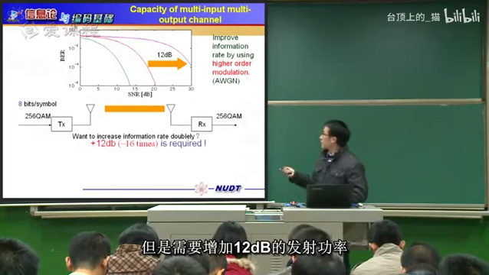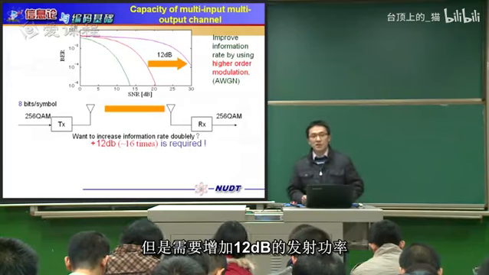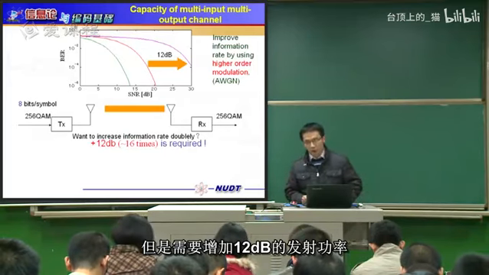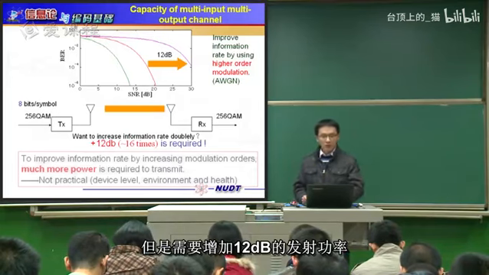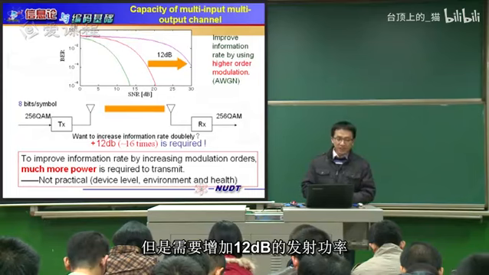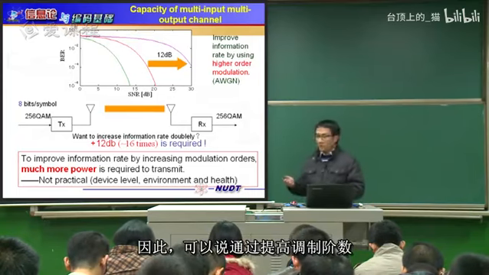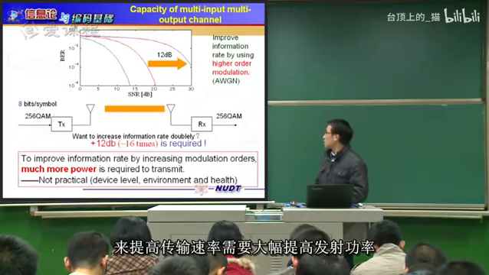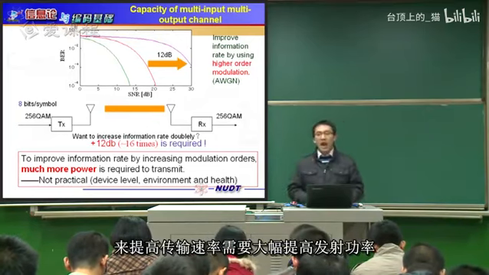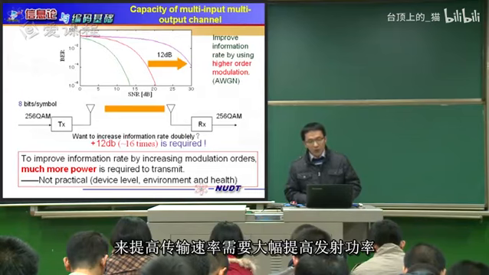However, about 12 dB more transmit power is required. So, basically, we can say to improve information rate by increasing modulation orders, much more power is required to transmit.